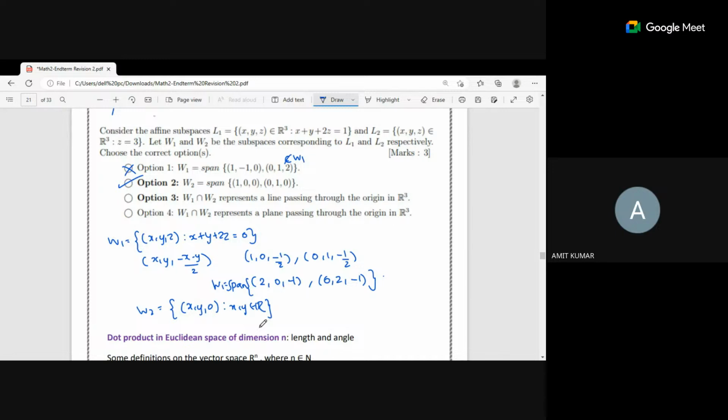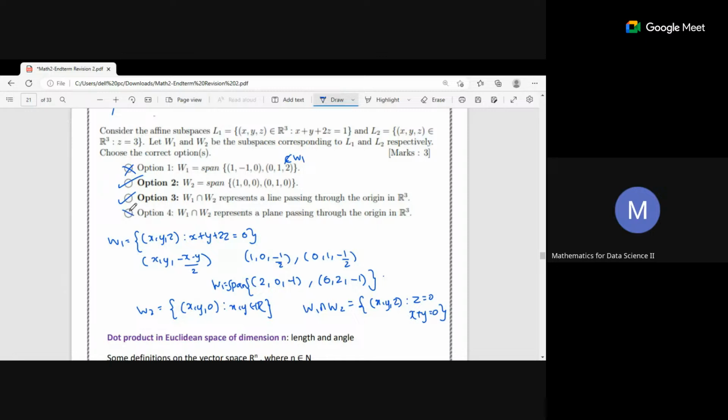That is a line passing through the origin. So you need to consider both the conditions. W1 intersection W2 gives the set of all x comma y comma z such that z is equal to 0 and x plus y is equal to 0. So y is equal to minus x and z is 0, which is a line passing through origin in R3.